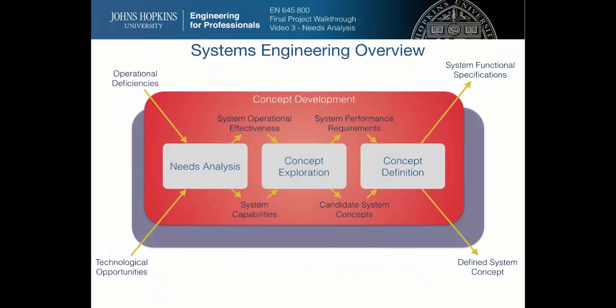During the concept development stage, there are 3 phases: needs analysis, concept exploration, and concept definition. You will be performing the systems engineering process at least once during each of these phases. It is the concept development stage that you will be using throughout your project. The engineering development and the post-development stages would be follow-on activities from your project.